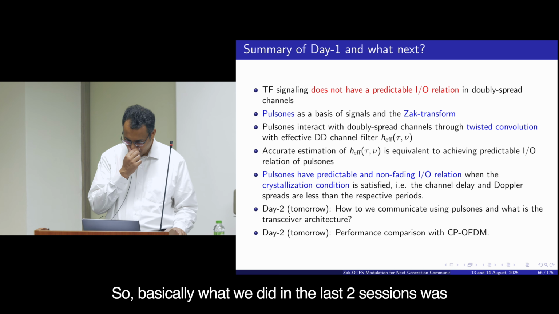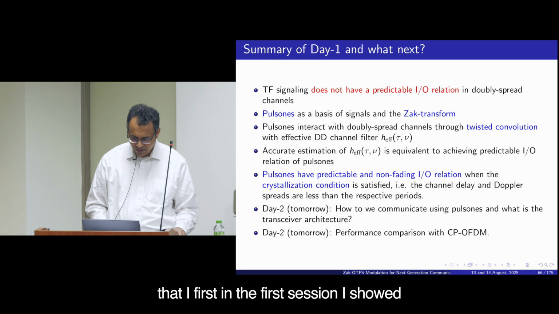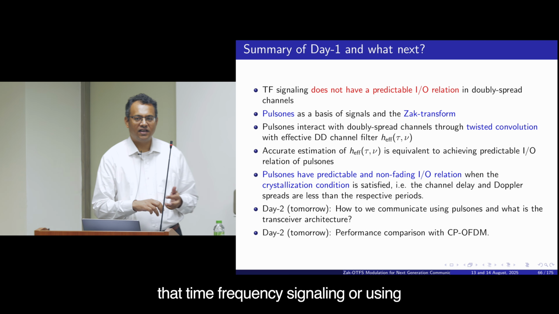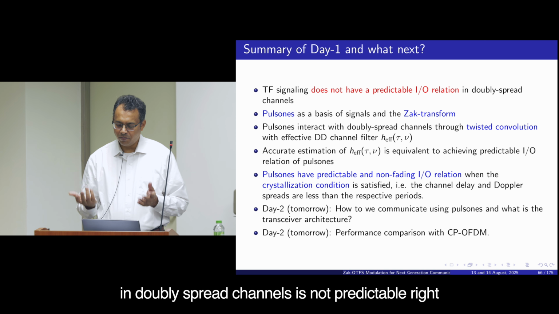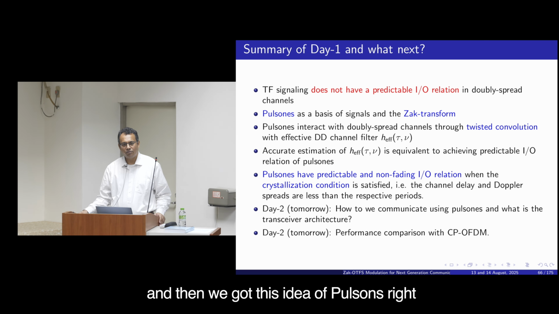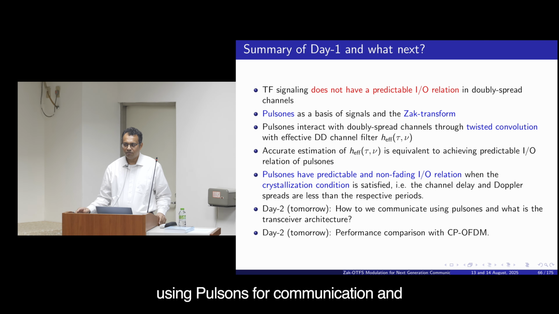So basically what we did in the last two sessions was that in the first session I showed that time frequency signaling in doubly spread channels is not predictable, right. And then we got this idea of using pulsons for communication, right.